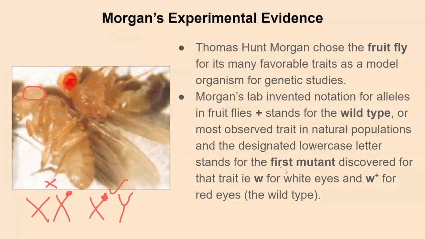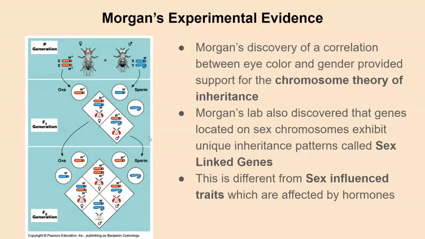So wild type or mutant type, it can be linked to the sex chromosome. That's not always the case, but what we're going to go over is talking about it being linked to the X chromosome. And that is exactly what we found out with these fruit flies, is that if the female had red eyes, most of the offspring, or all of the offspring, is going to have red eyes, even if the male had white eyes.